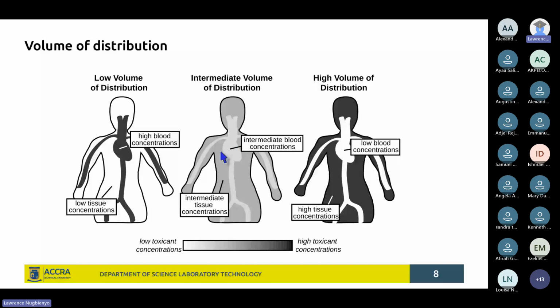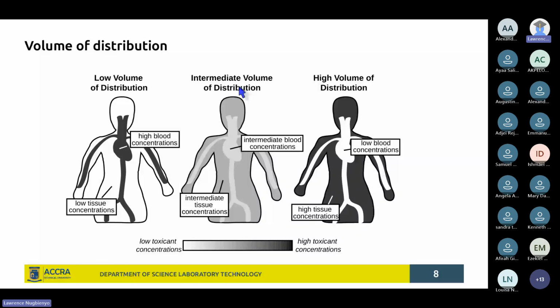And you have, say, about half of it also getting stored in the tissues as well. So this is like the spread of the substance, not only in the bloodstream, but also some of it in the tissues. So at that stage, we say it has an intermediate volume of distribution.